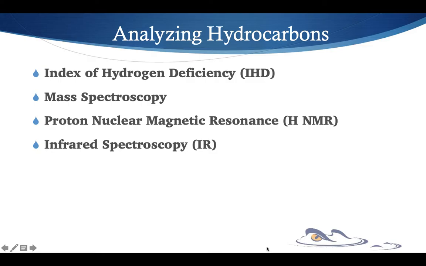So, this is part of a package of things that I'm going to be showing you on analyzing hydrocarbons. And, in chemistry, we've already seen that we can do chemical analysis that will give us some things such as the empirical formulas and even the molecular formula if we can come up with a molar mass for a substance.